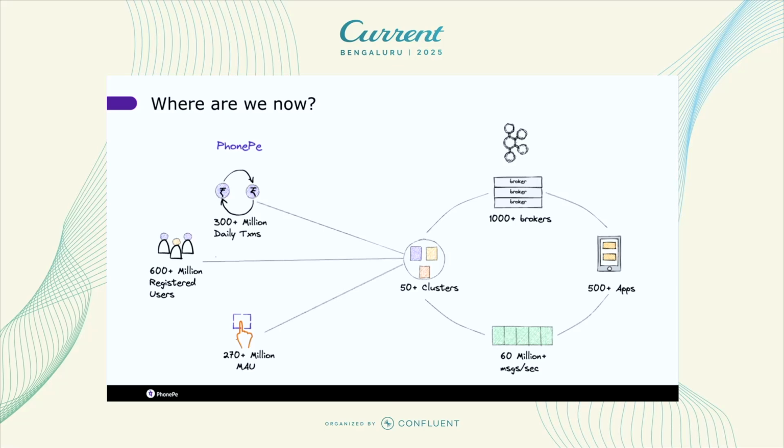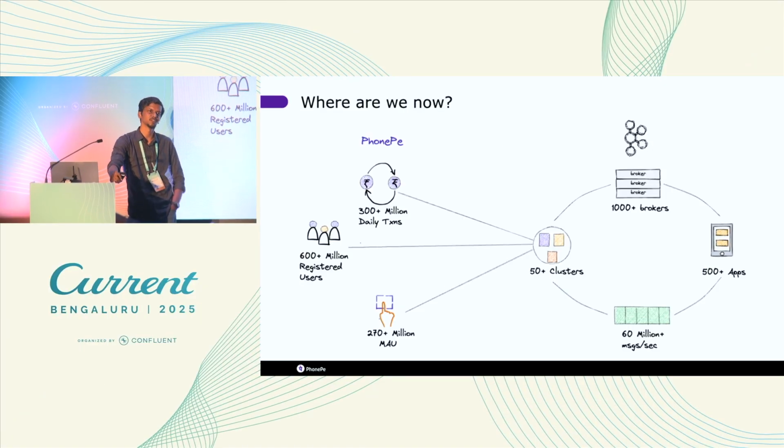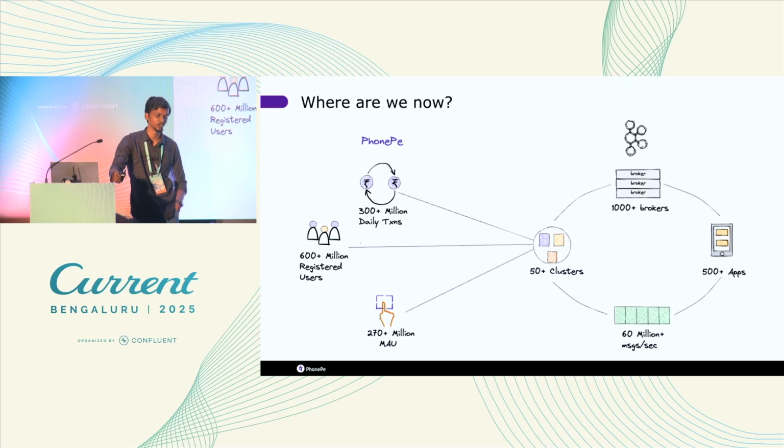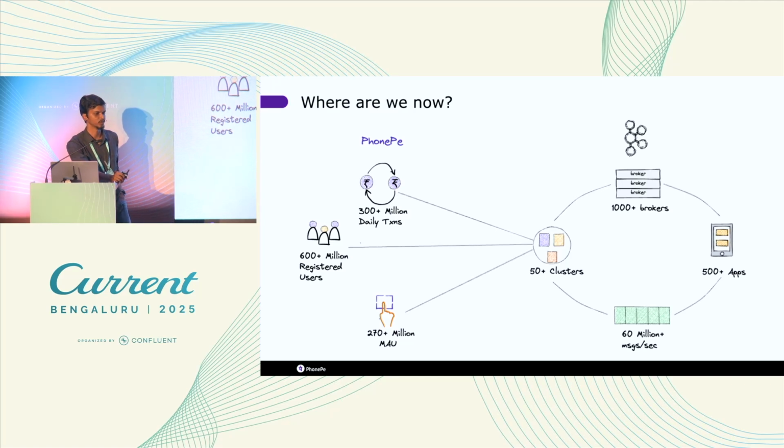Ever since 2015, we have grown by leaps and bounds, thanks to the adoption of UPI, demonetization, and several other factors. Here we are now, doing about 300 million daily transactions on the app with more than 600 million registered users and close to 270 million monthly active users.